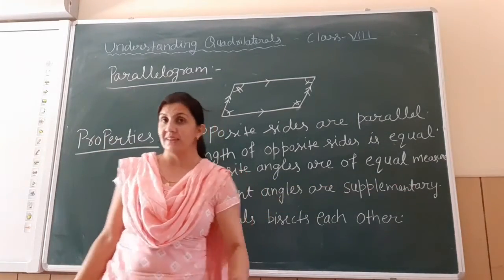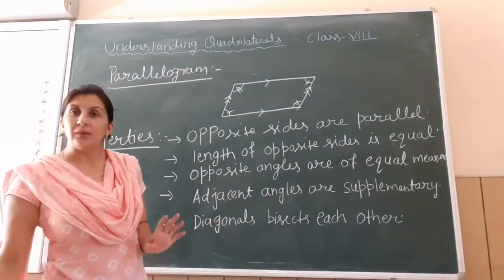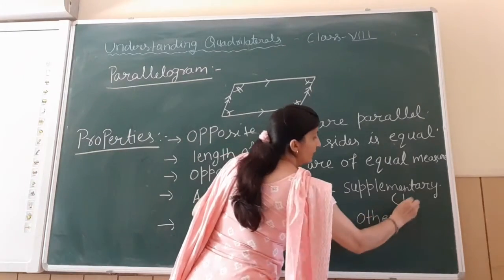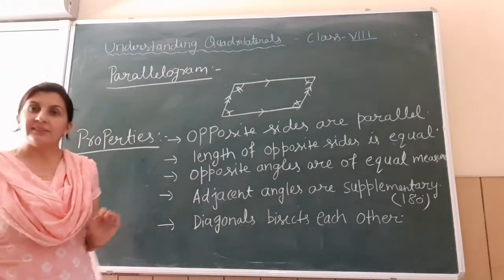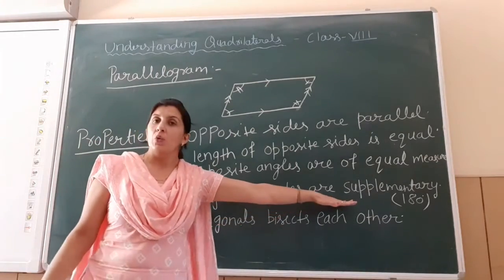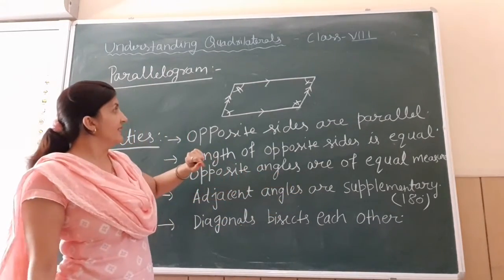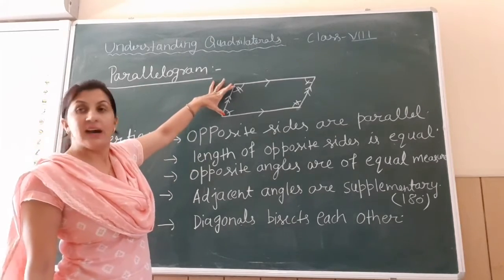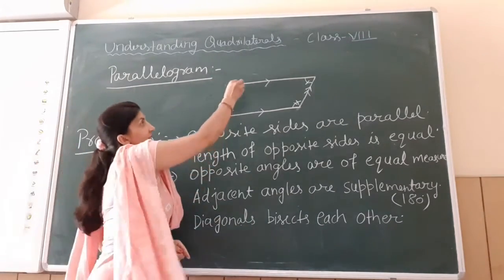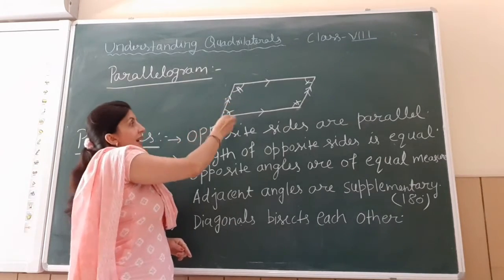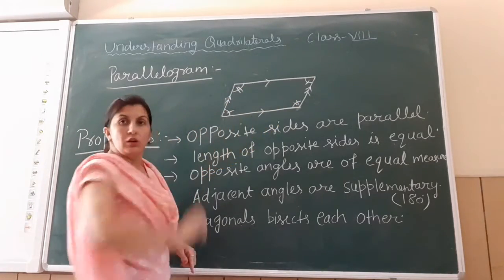Next is adjacent angles are supplementary. So what are adjacent angles and what is supplementary? Supplementary means 180 degree measure. If we add the adjacent angles, their sum will be 180 degrees. Adjacent angles are angles which lie on a single line. This angle and this angle are adjacent, and this angle is also adjacent.